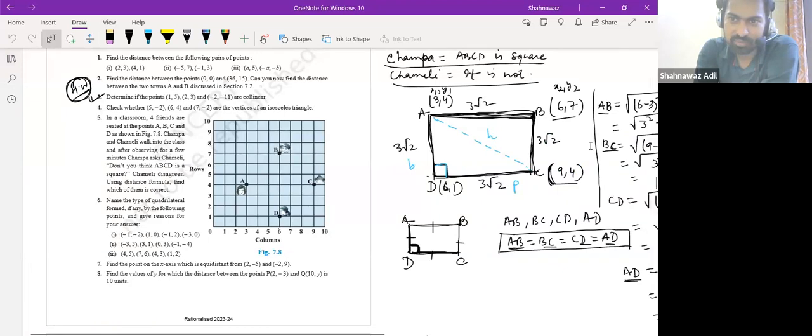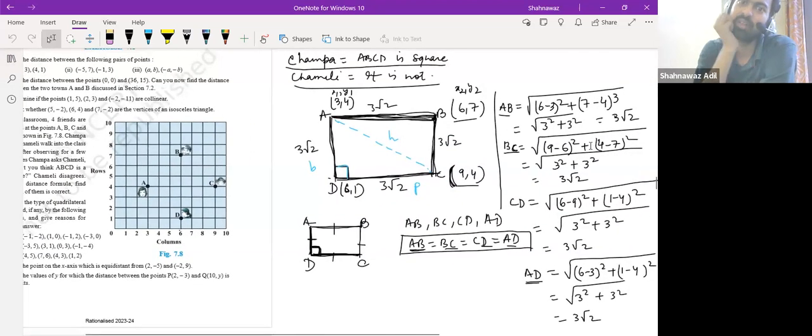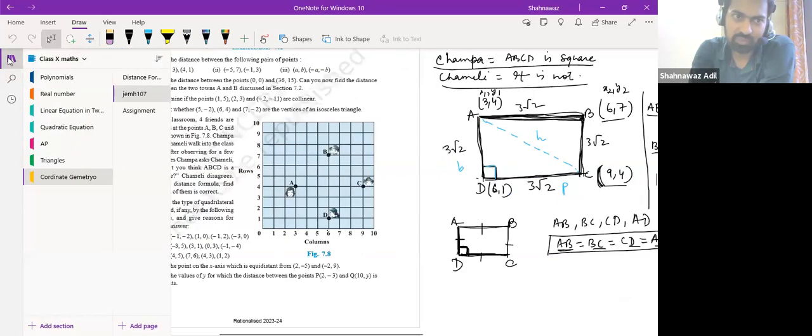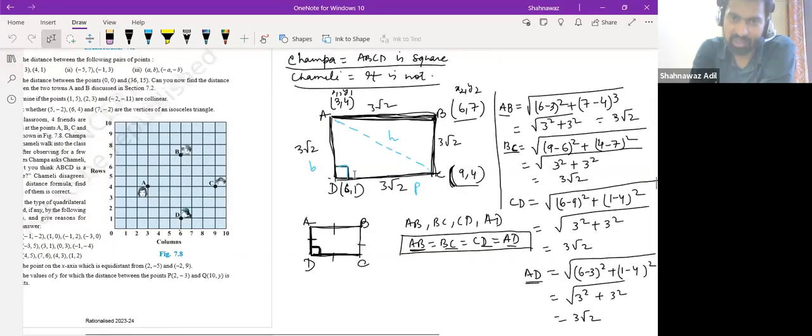You said you used the Pythagoras theorem to find out whether this one was a square or not, right? Can you show that part again, like how you prove whether this was 90 degrees or not? For the 90 degrees, we know the Pythagoras theorem, which is applicable only for the right angle triangle.